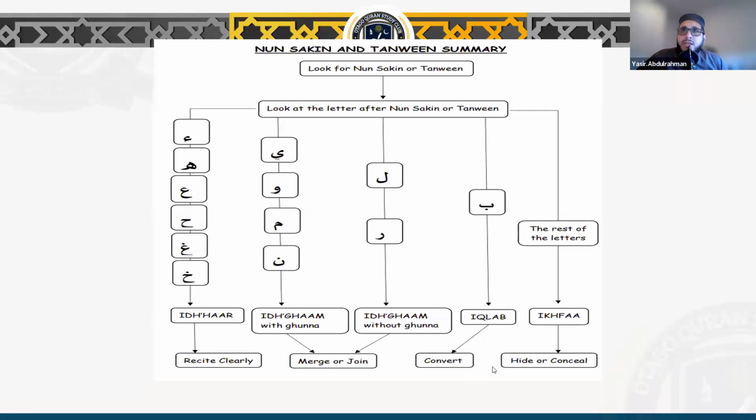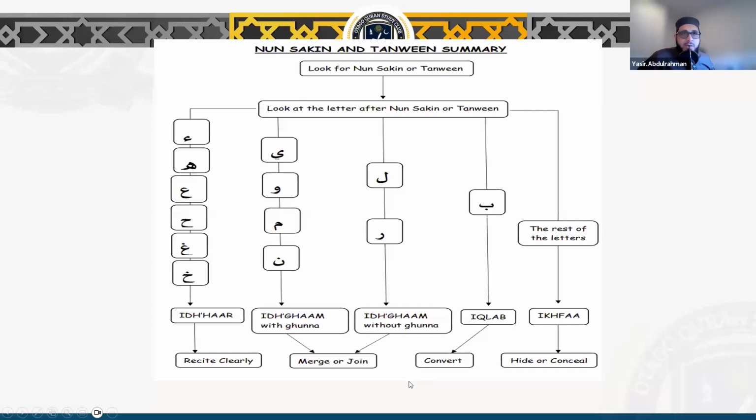Today's subject, inshallah, is the subject of ikhfa. Now, what does ikhfa mean? And that's actually starting from page number 146 in the book, the second half of the page.